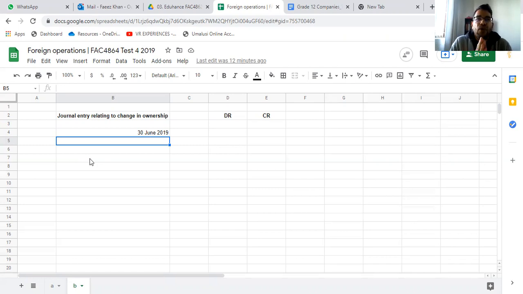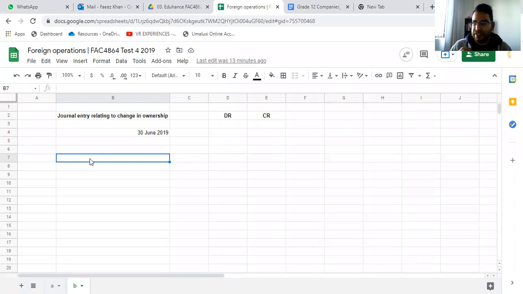You need to know what your starting point is. Because there is nothing of the foreign subsidiary, we need to bring it in, and that is why we're going to do these journal entries. To bring the foreign subsidiary in for those 3 months, we need to bring in 100% of the foreign subsidiary's income and expenses.